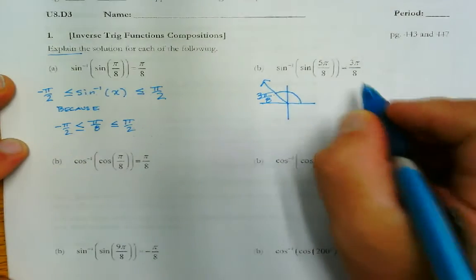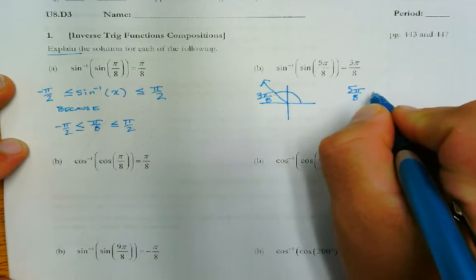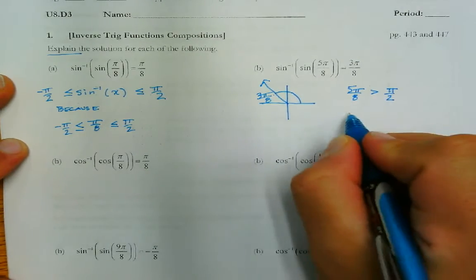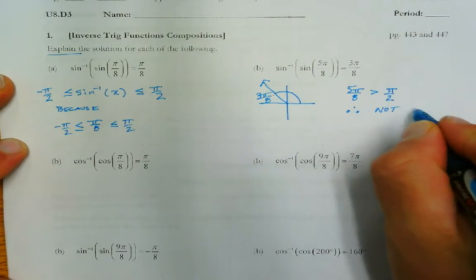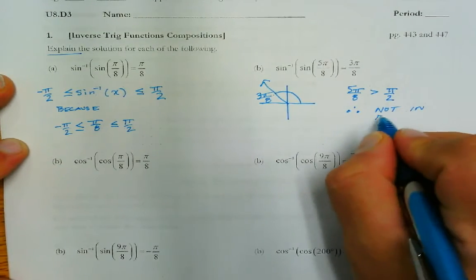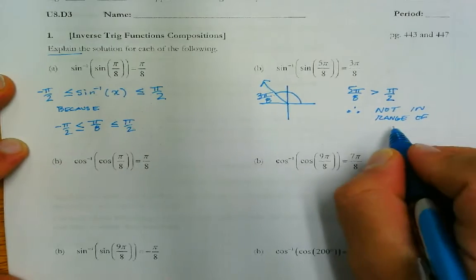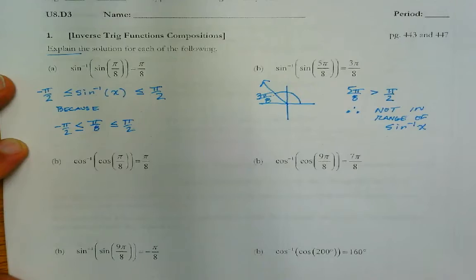However, 5 pi over 8 is greater than pi over 2. So therefore, it's not in the range of our inverse sine.